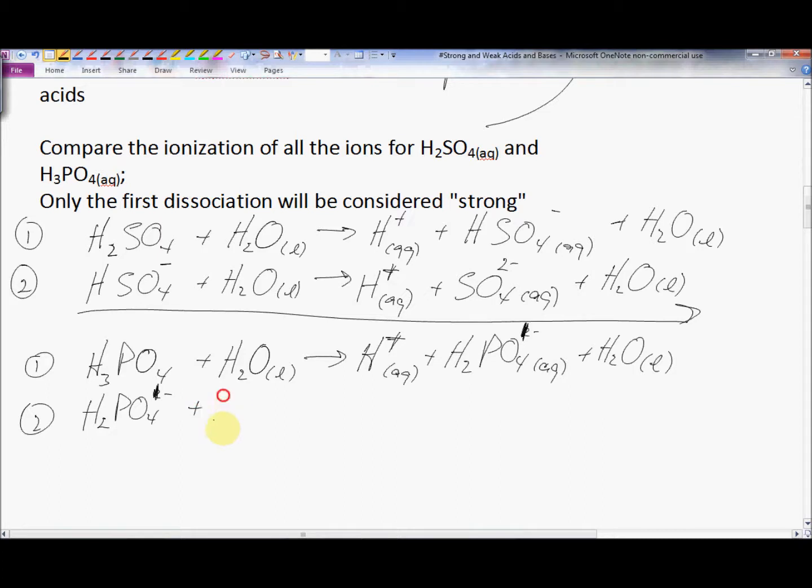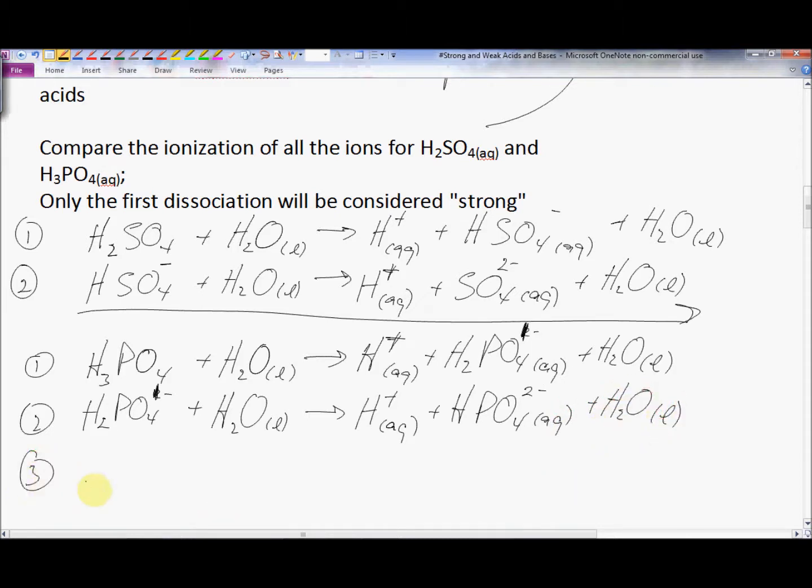Okay, put it in some more water, or it's in water already. Release another hydrogen, and we're left with HPO4 with now a -2 charge, and then plus water.